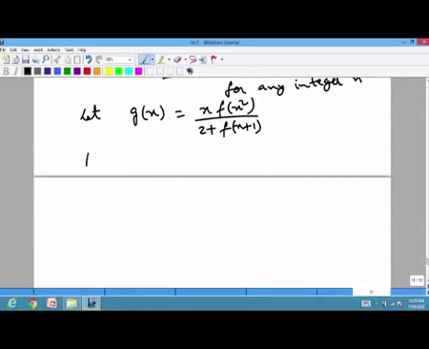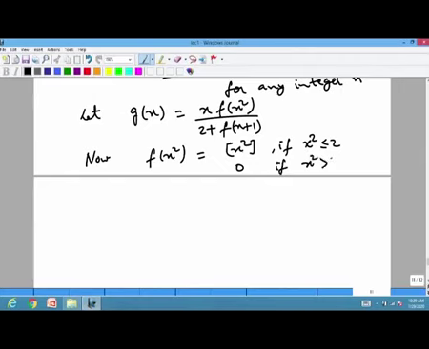Now, f of x square is greatest integer of x square if x square is less than or equal to 2, and 0 if x square is bigger than 2. What is this equal to? So, x square less than or equal to 2 means x between minus root 2 to root 2, where it is given by greatest integer of x square.